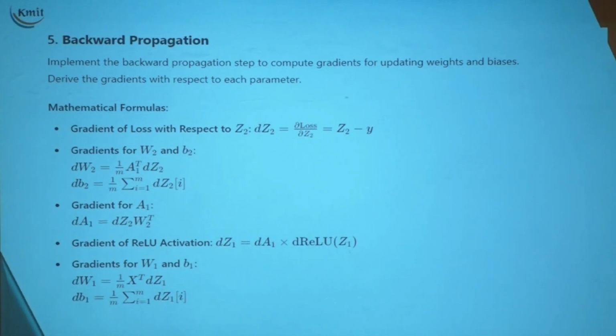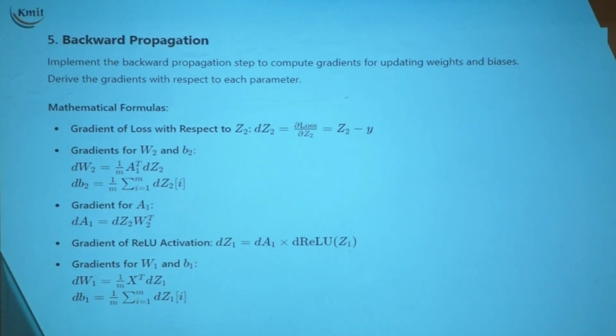So I will calculate it for Z1, and for dB1 and dW1. Is it clear, everybody? First, gradient derivatives for what? Z2. Second, derivatives for W2, B2. Next, derivatives for A1. Next, derivatives for Z1. After that, for W1 and B1.